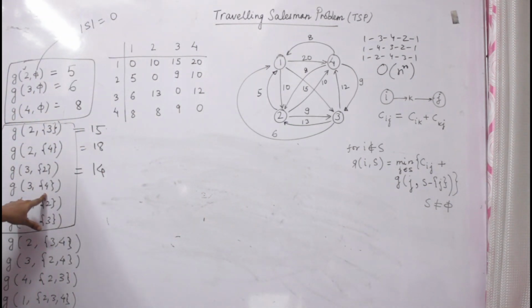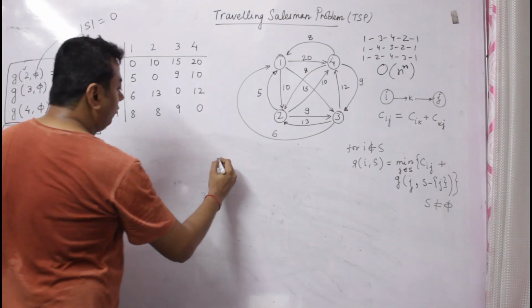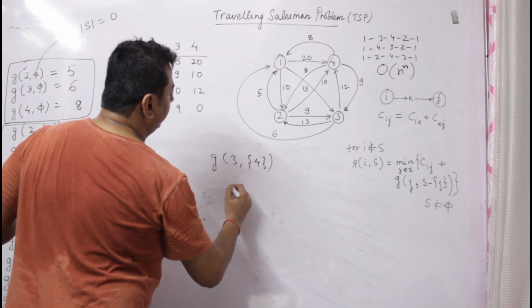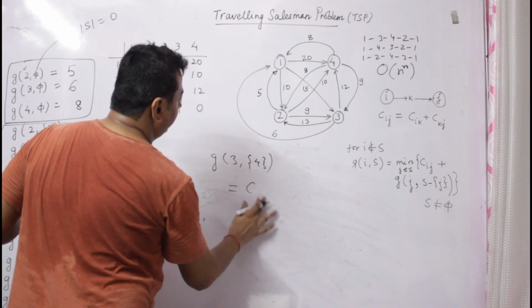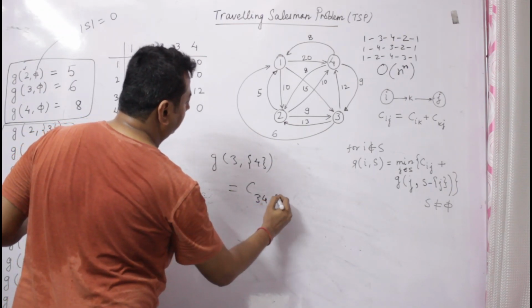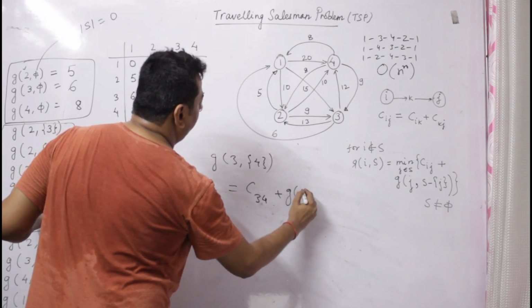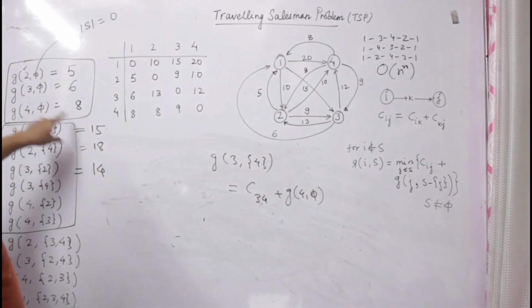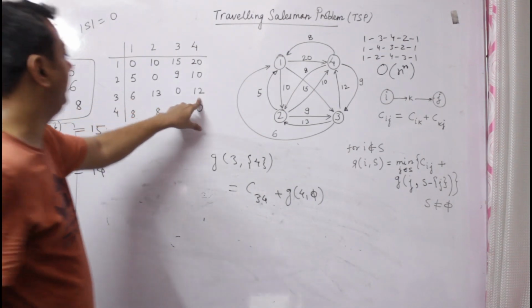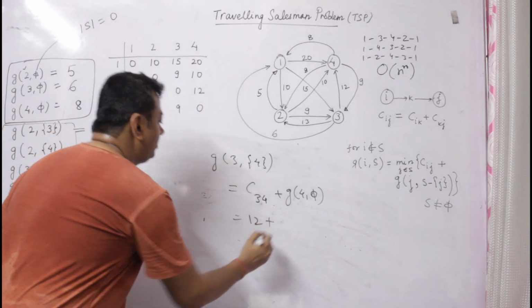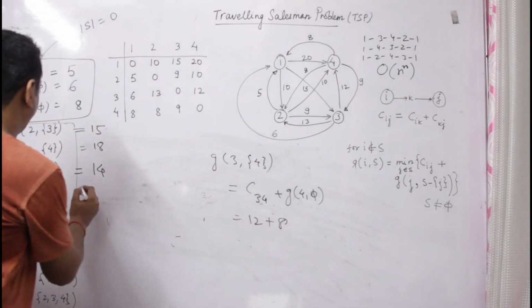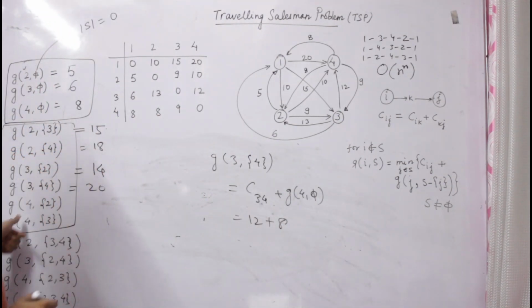Next is G(3, {4}), which is C34 plus G of (4, {5}). 3 to 4 costs 12 and G(4, {5}) is 8, which gives 20.